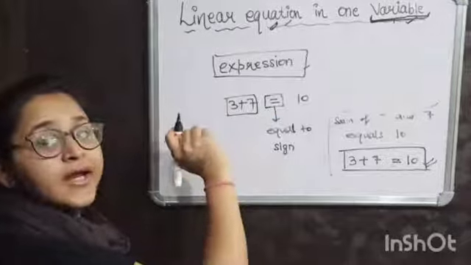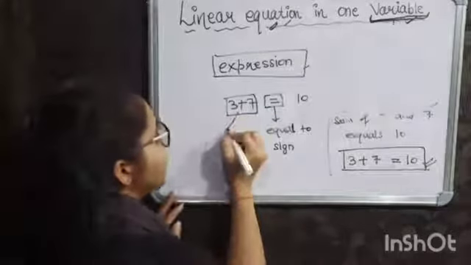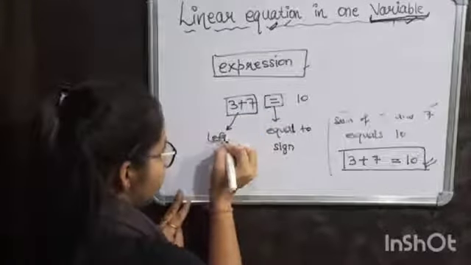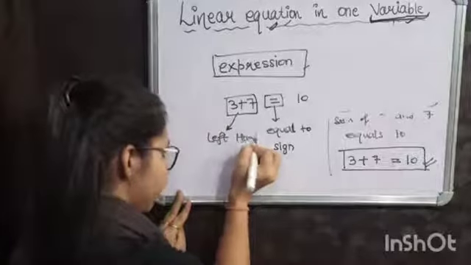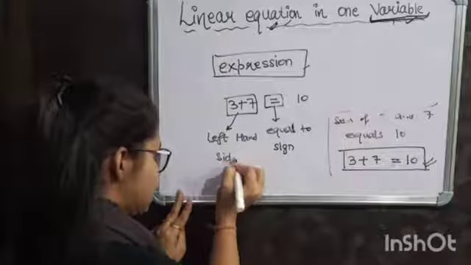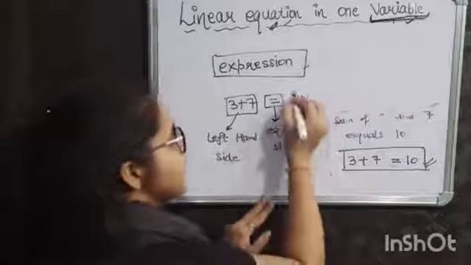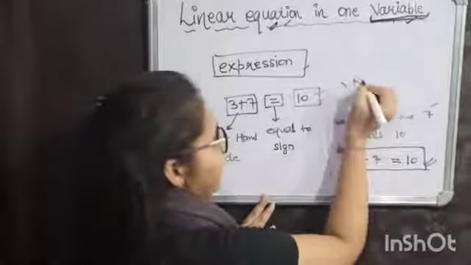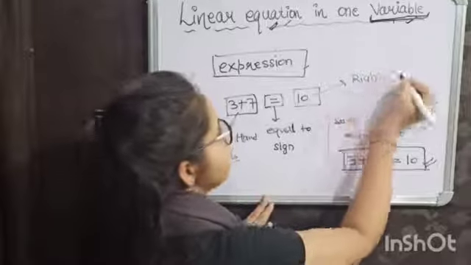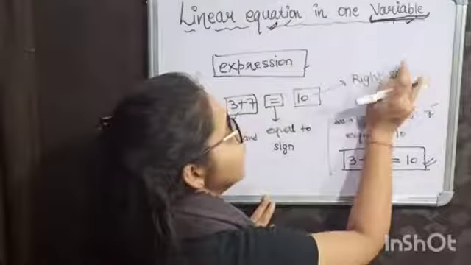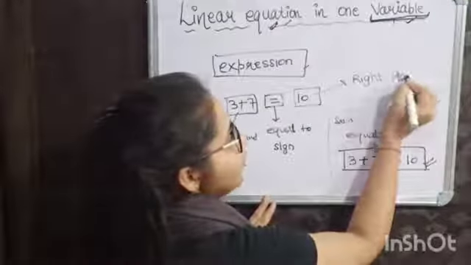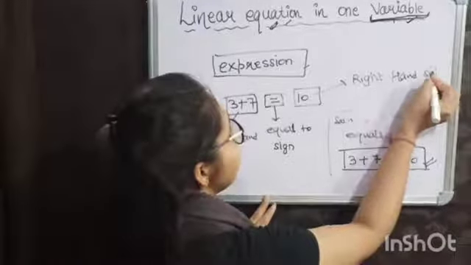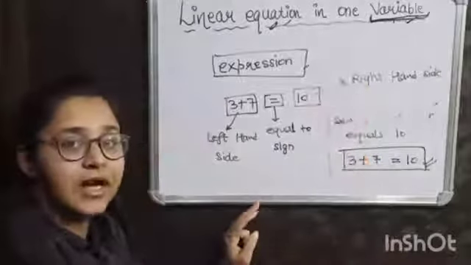The left side of equal to sign is known as left hand side. And similarly, this side is known as right hand side. So in an equation, there are three terms: equal to, left hand side and right hand side.